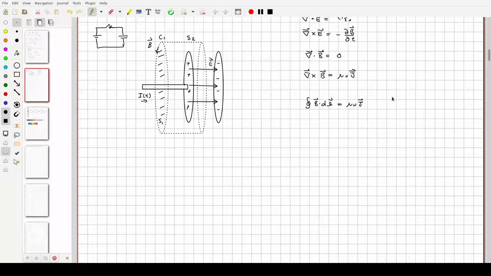Now, let's not forget what Ampere's law says. It says that if I pick a surface, not a closed surface rather, but a surface that has closed edges, and I integrate along a closed loop on that, just the perimeter of that surface that I pick, that's going to equal to, okay, let's back up.